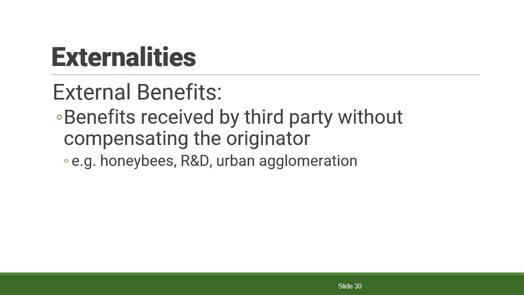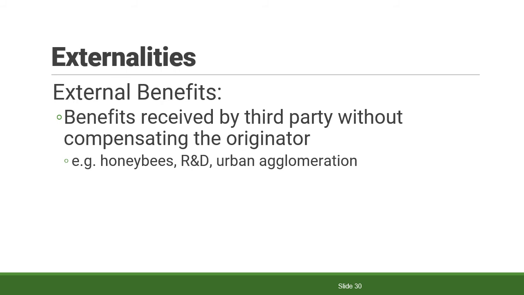But there's an external value to cultivating honeybees, right? They're an endangered species and they're essential for the pollination of flowers. So the benefits we get from the people who cultivate honeybees are not reflected in the price sold. But everybody benefits from that arrangement.